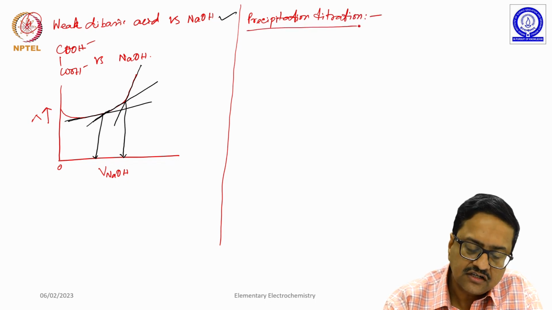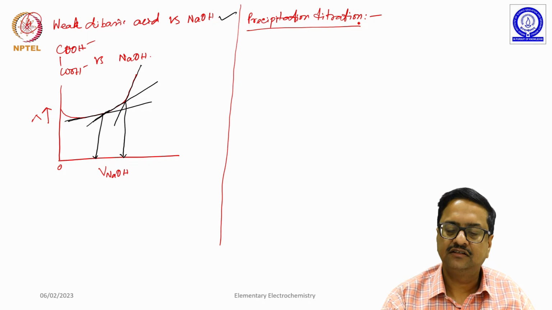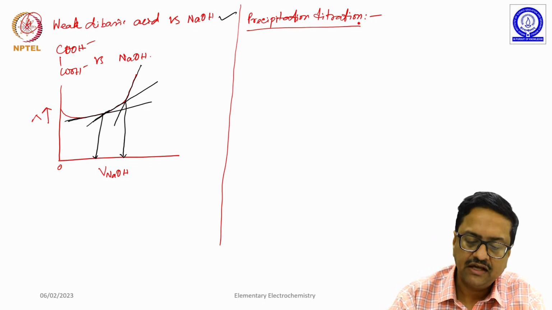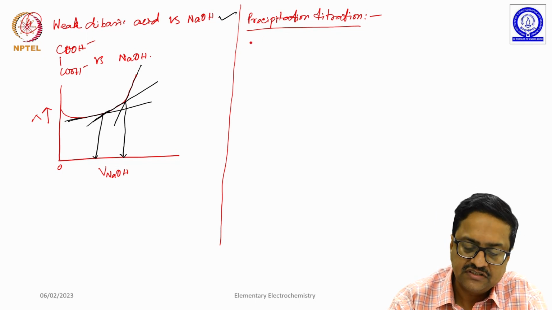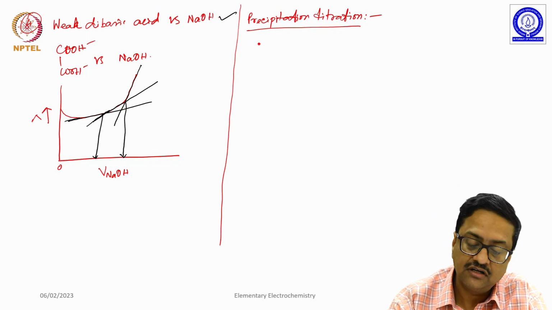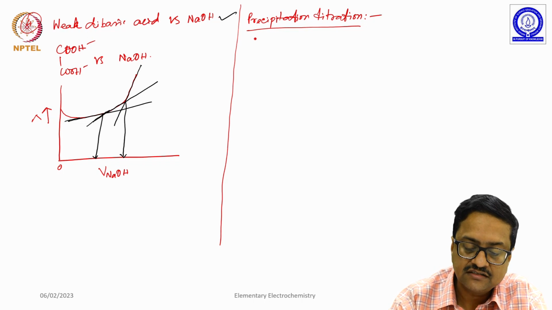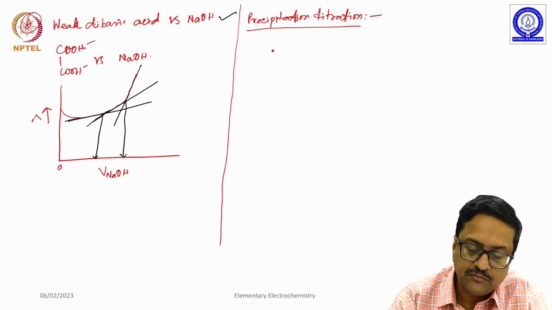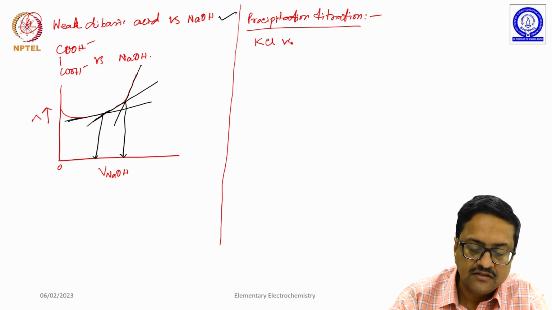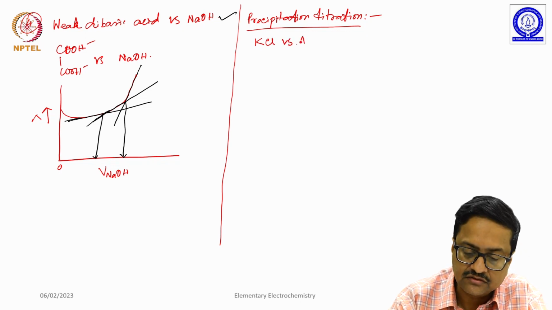In case of a conductometric precipitation titration, one has to choose the pair of compounds very precisely, with a lot of consideration. Depending on the speeds of those ions, the plots will become different. So I am giving you one example of KCl versus AgNO3.